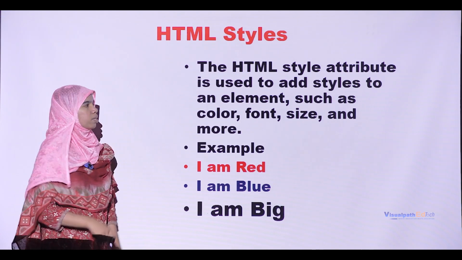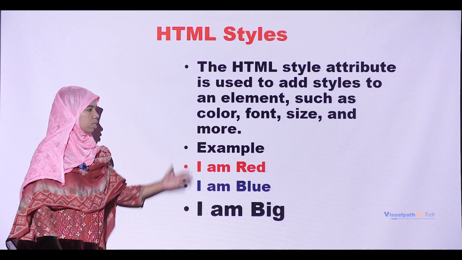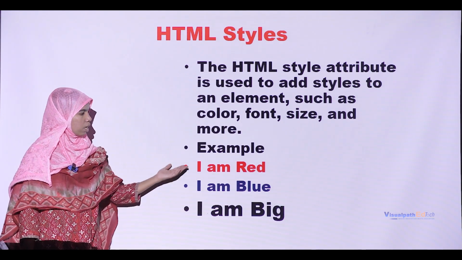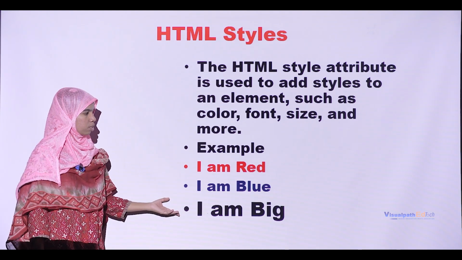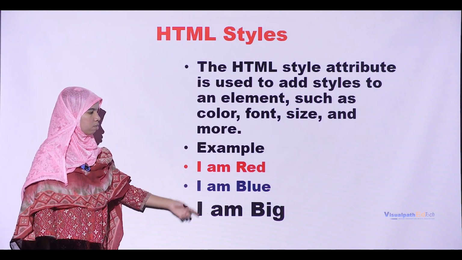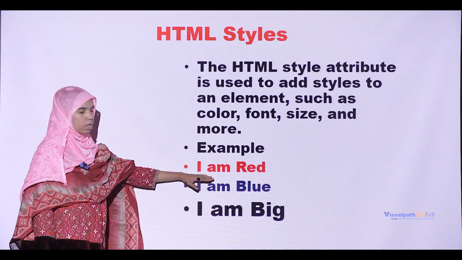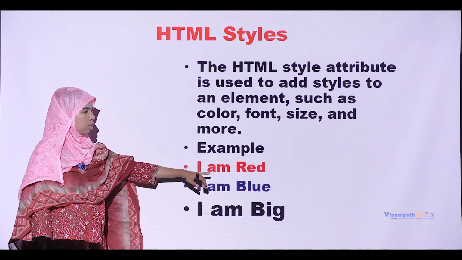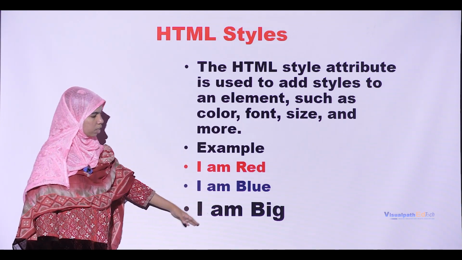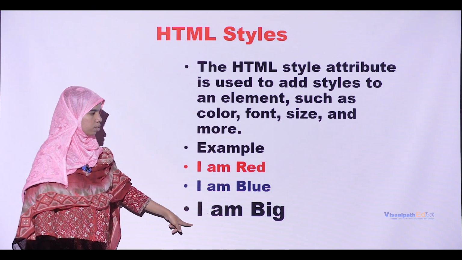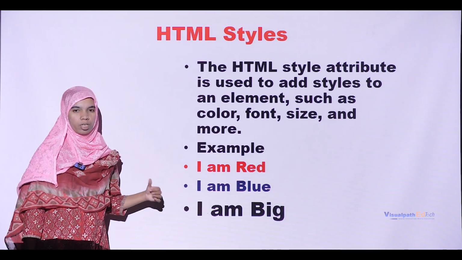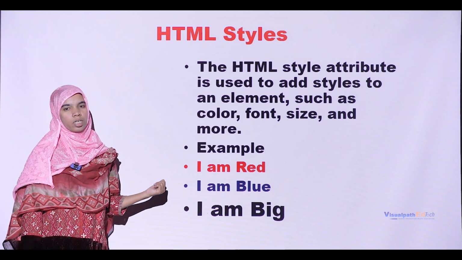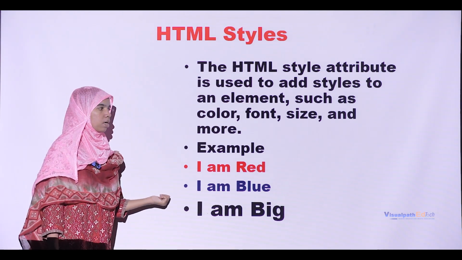Now coming to styles. What are styles basically? As you can see in the examples, we have various styles available for each sentence. The content of the text may be in the same font, but the style of it is different. One is in red color, blue color, and black color.